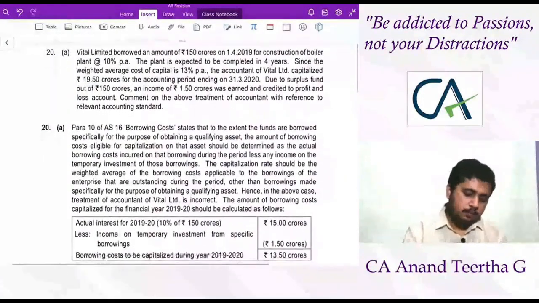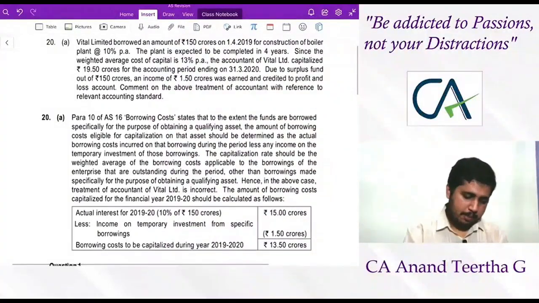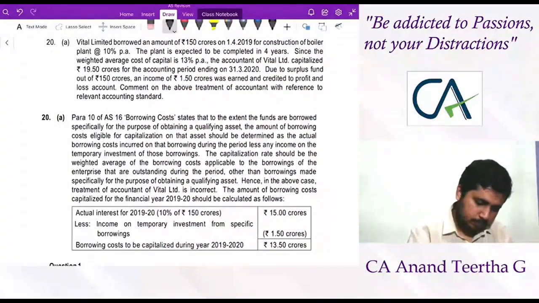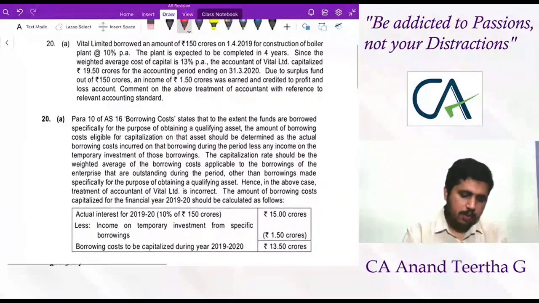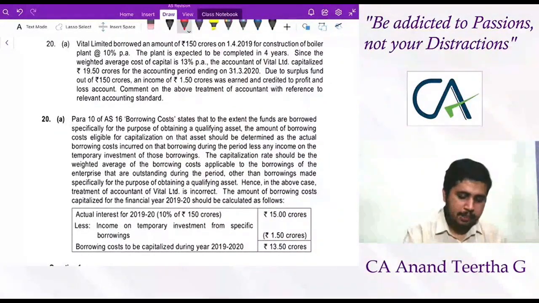Vital Limited borrowed an amount of rupees 150 crore on 1/4/2019 for construction of boiler plant at 10% per annum. The plant is expected to be completed in 4 years.